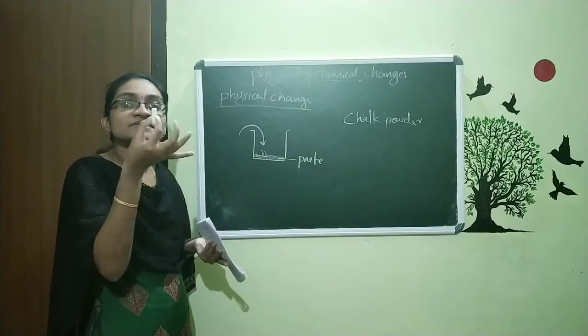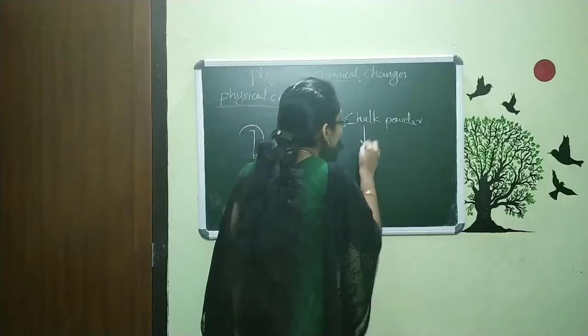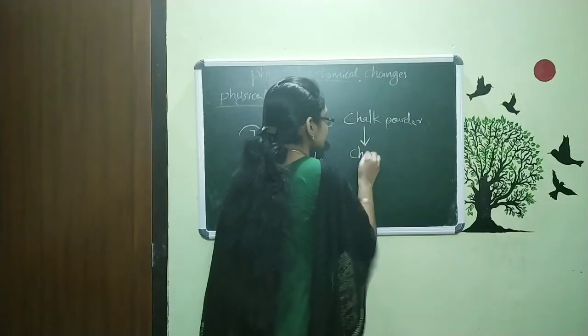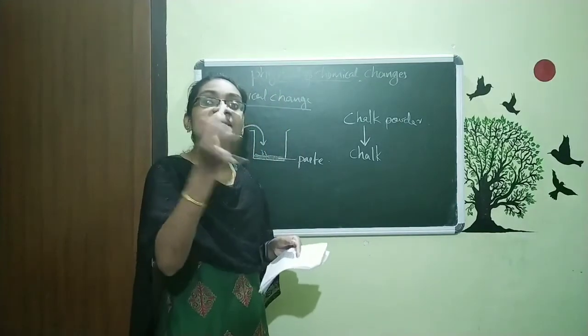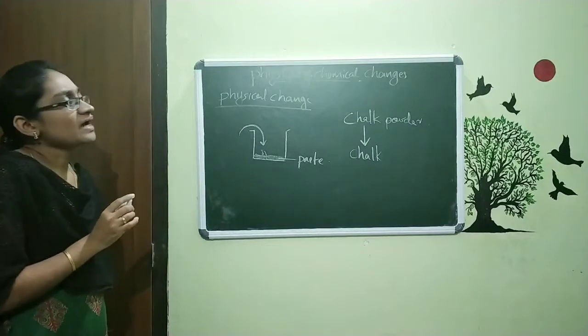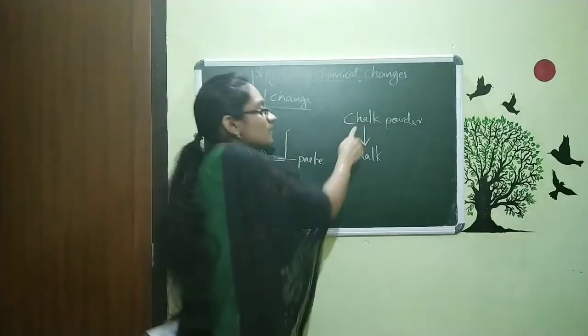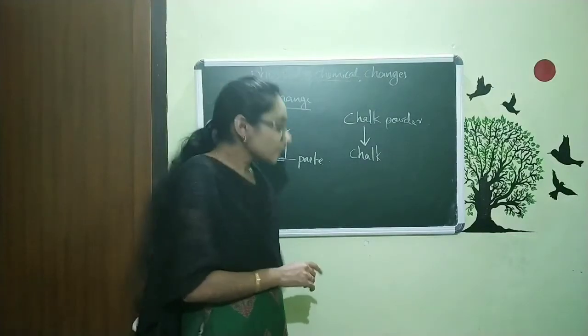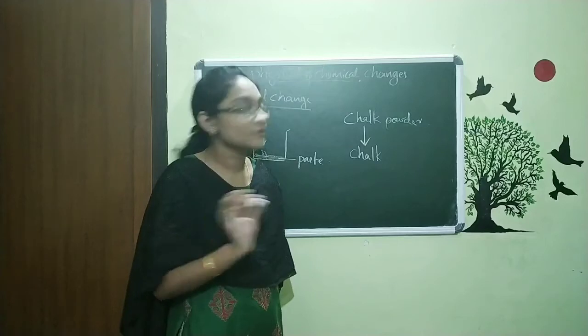It is in some cylindrical form. That means our chalk powder has turned into chalk itself. That means the powdered form will turn into chalk. Here also, does any property variation occur between the chalk powder and the chalk? Not at all, no change in the properties.